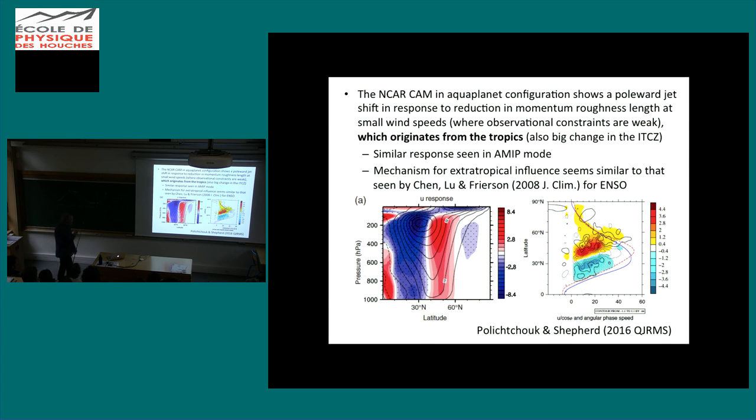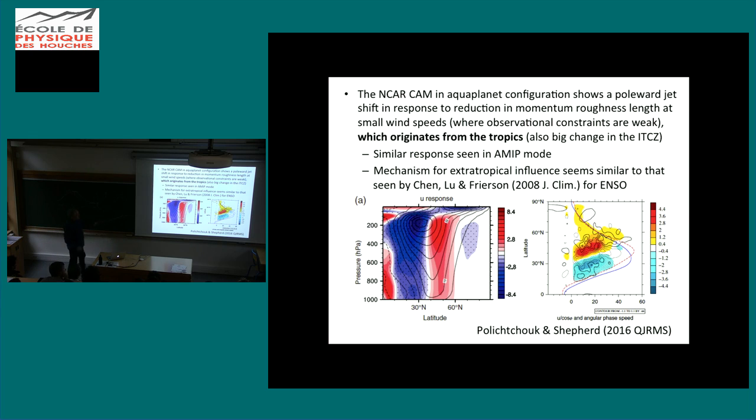In this case, if you just change the roughness over mid-latitudes or tropics, it's all coming from the tropics. It comes because the roughness affects the moisture flux as well, and the heat flux, but mainly moisture flux. The moisture flux changes, and that changes the Hadley cell, and then that changes the jets.